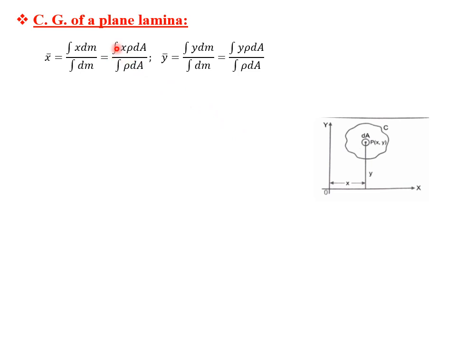So integration of x rho dA upon integration of rho dA is the formula for x bar, and similarly y bar is equal to integration y rho dA upon integration of rho dA.